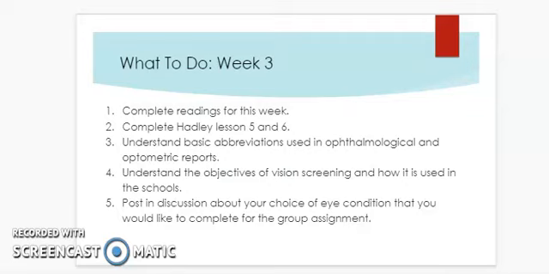And then you will have to choose the eye condition that you would like to complete for a group assignment. That'll be due in 2 weeks, and once we get your first and second choices, I will assign the groups. So look into the group assignment page in this week's Canvas to get more details about what you want to do for the eye condition report.